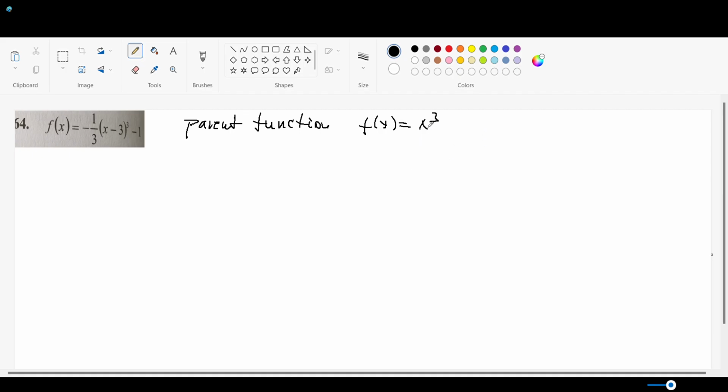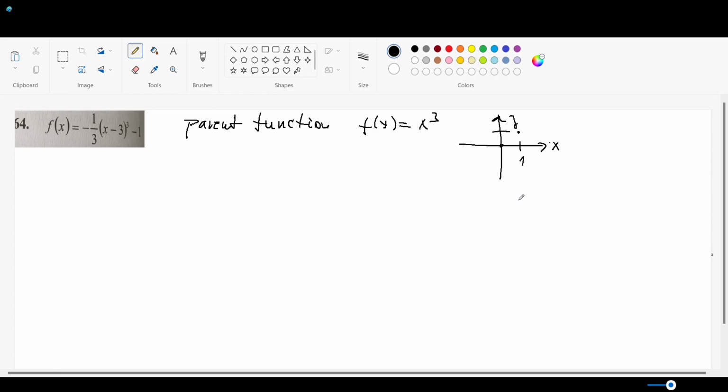As we already know, this parent function has some specific characteristics. The first thing is that it goes through the origin of the x, y plane with coordinates 0, 0. The next important point is 1, 1, so our function will go through this point.